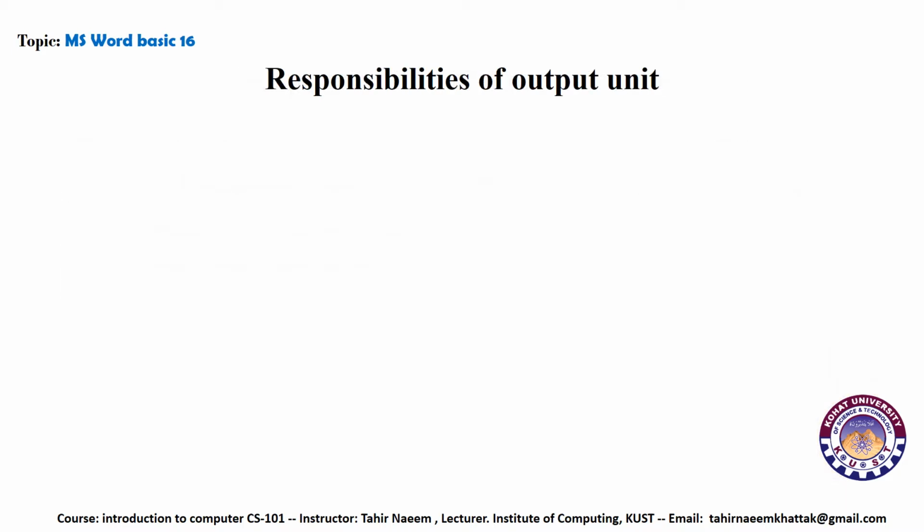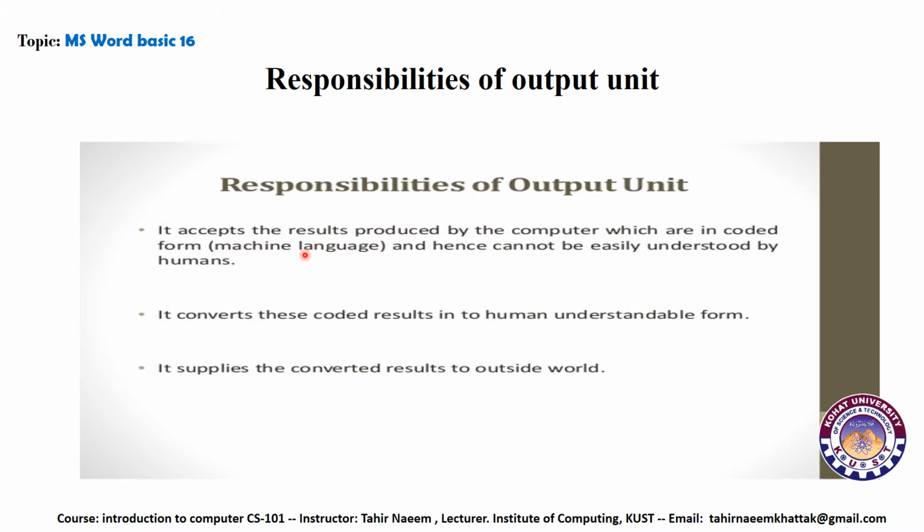Responsibilities of the output unit. When the input unit performs its function, the data is sent towards the storage or output unit. The output unit accepts the result produced by the processing unit.